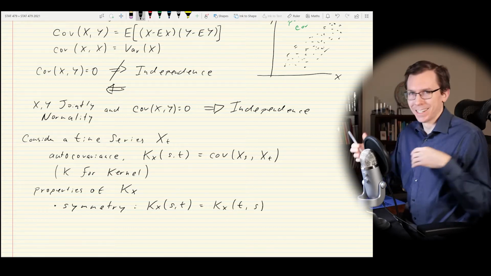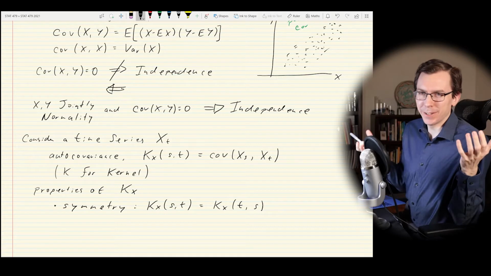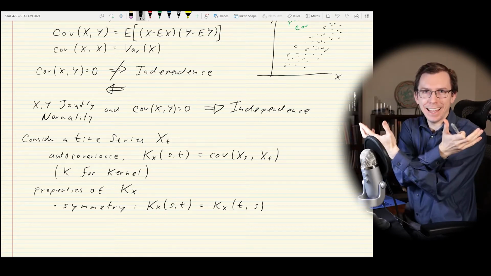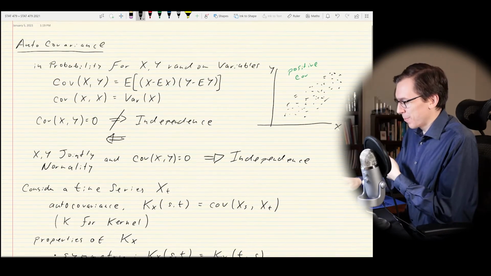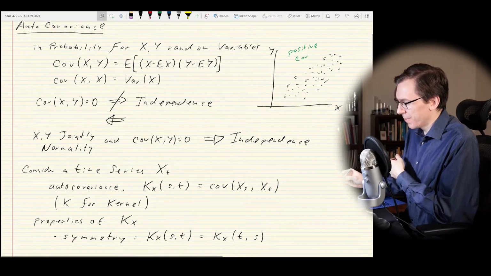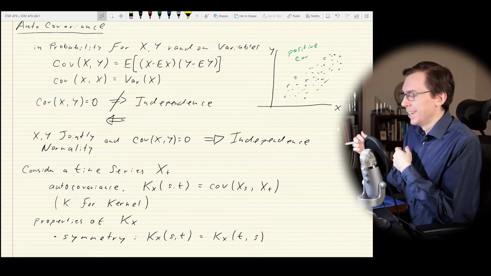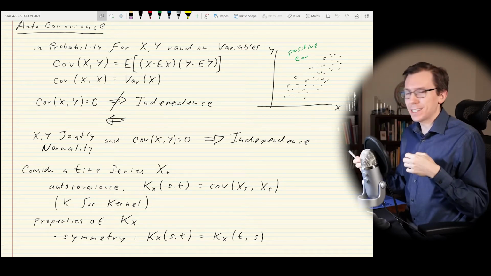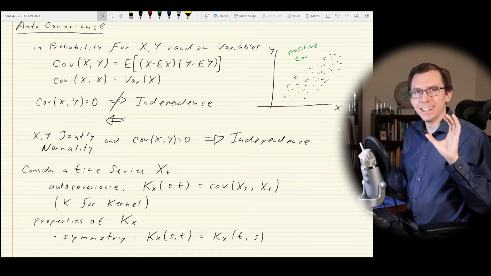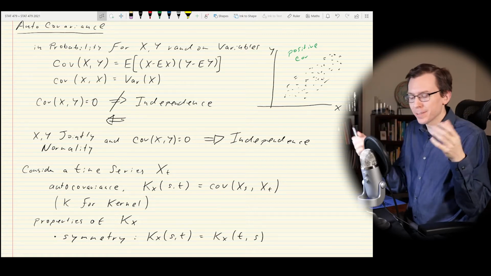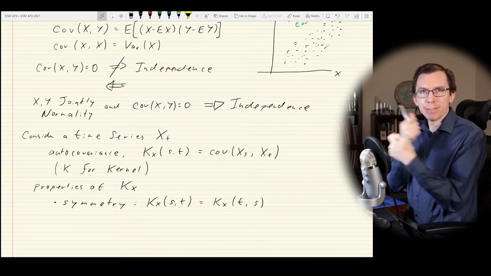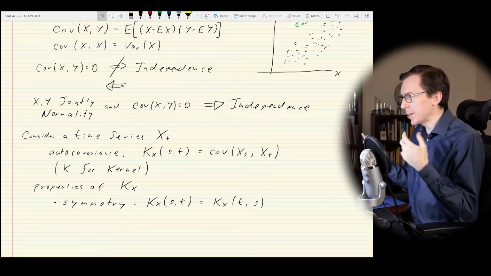This is just because multiplication is commutative, right? A times B is the same as B times A. And furthermore, if we go up to this definition of covariance at the top of the screen here, the covariance is just the expectation of the product of X and Y after subtracting the mean. So similarly down here, I can flip the order. It doesn't matter. It's symmetric.